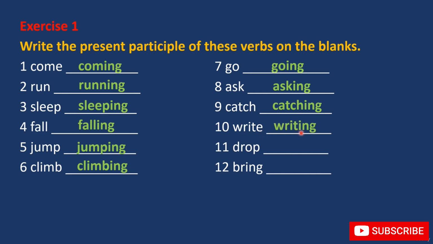It will be writing. Yes, we dropped the e. Drop. Take care. Yes, dropping, pping, because here we have a consonant, and before the consonant we have a vowel. Dropping. Last one, bring. Bringing, and no change. All of you are great. Perfect.